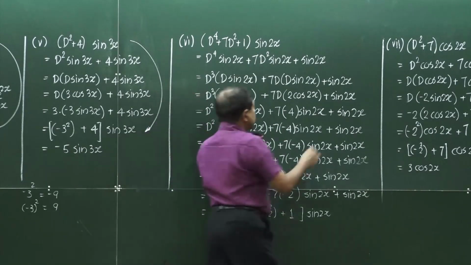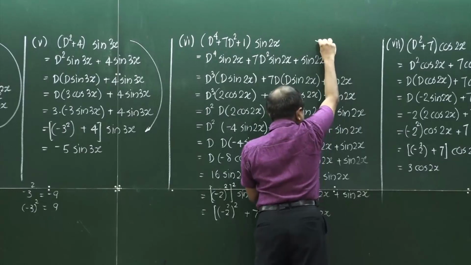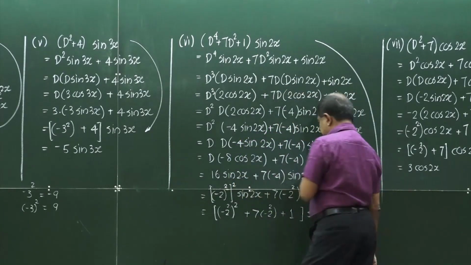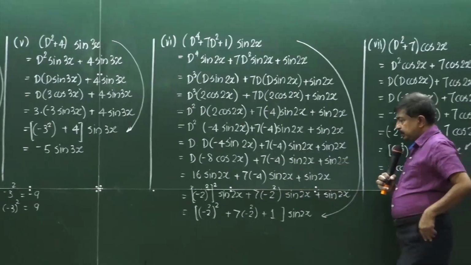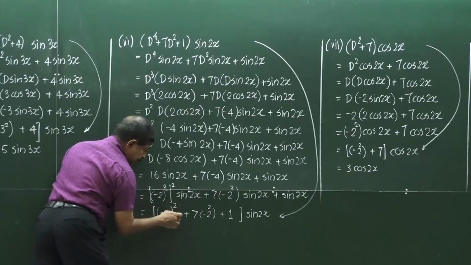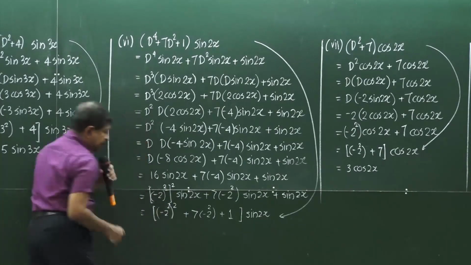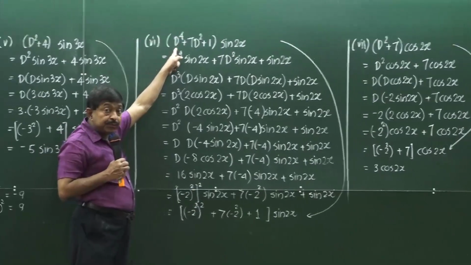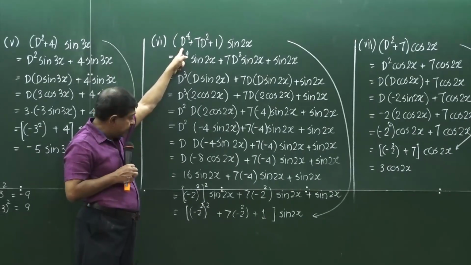Look, can you come straight away from here to here? If this is not clear, you may write it like this. Now look, this is square of D squared. Square of D squared, right?